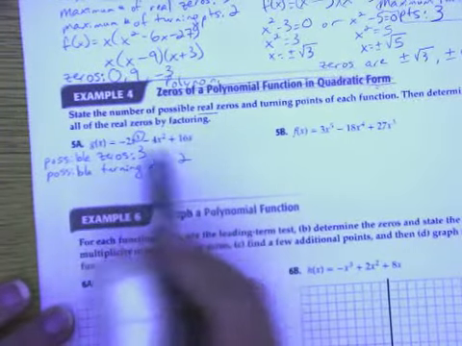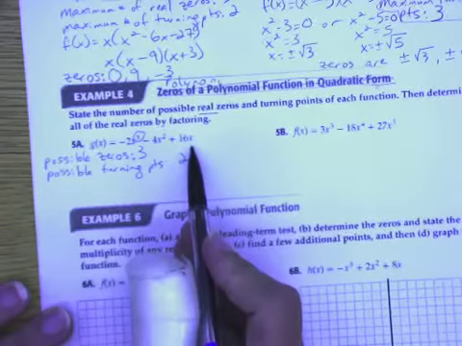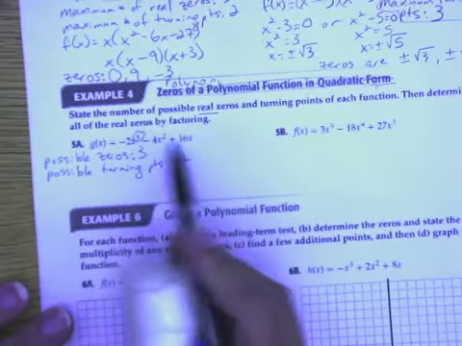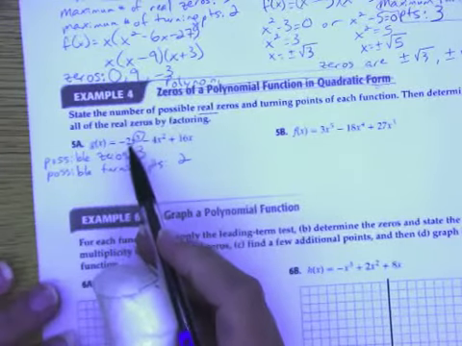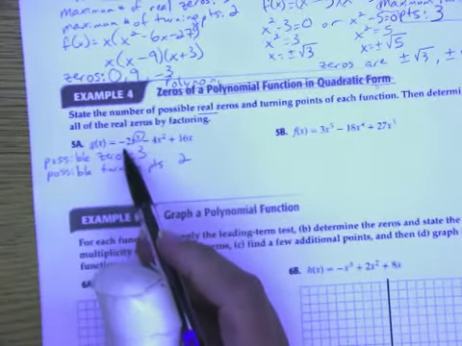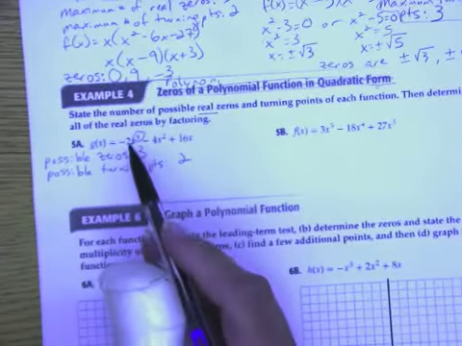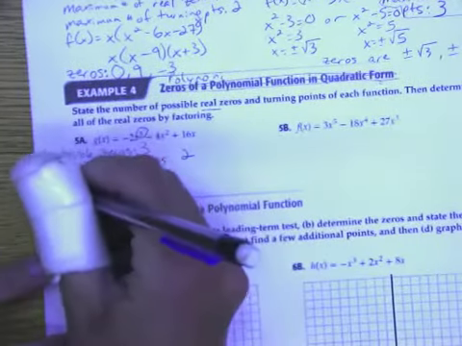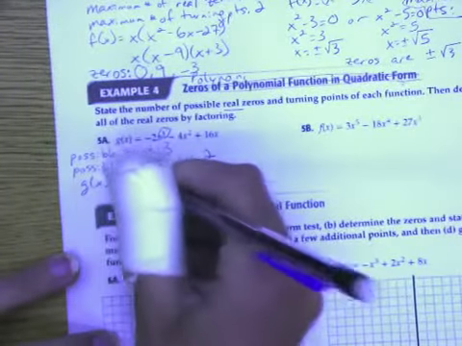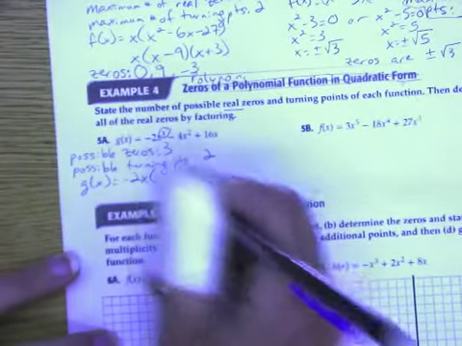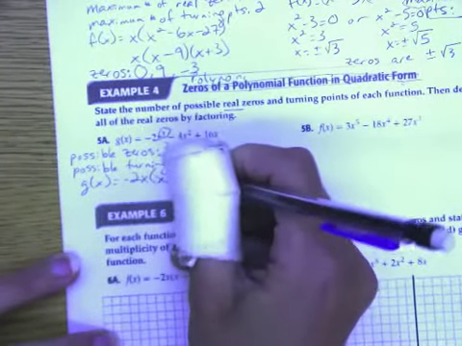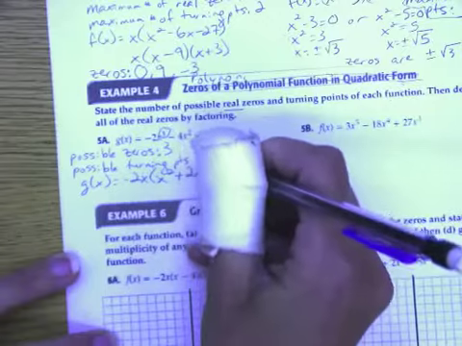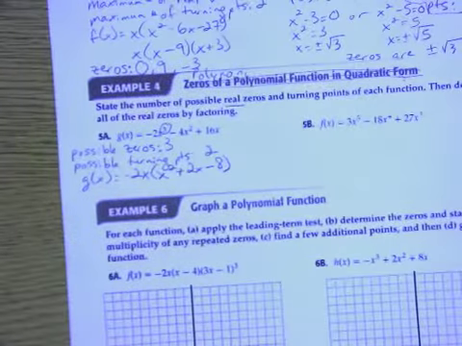So in this trinomial, I notice that I have a greatest common factor of, well, they all have x's. They're all even, so they're divisible by 2. And just to make the next step of factoring a little bit easier, I'm going to factor out a negative 2. Okay, so g of x equals negative 2x times x squared plus 2x minus 8.